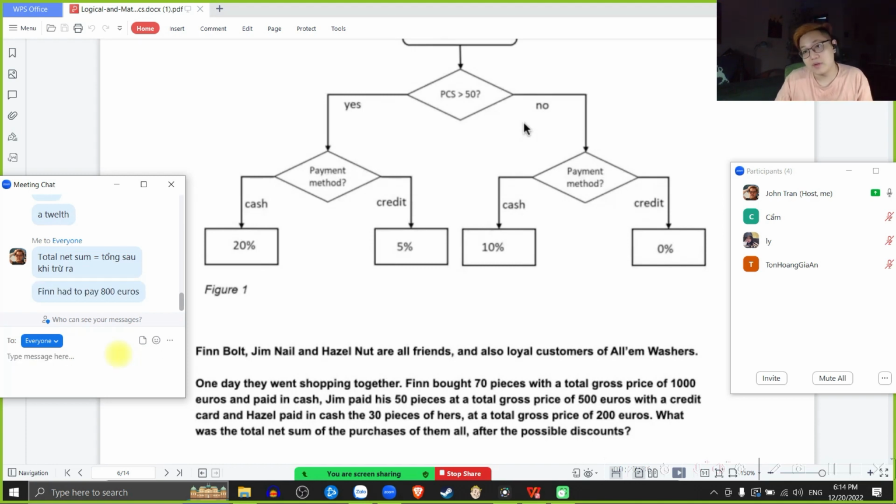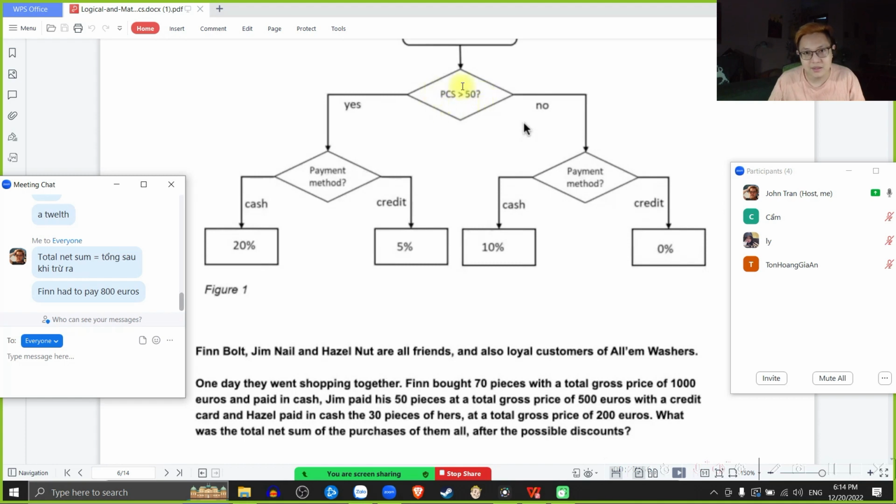Thì 20% giảm có 1.000 thì Finn chỉ trả cái 80% của nó số đó thôi. If it's 20% discount, so he has to pay 80% of that. So 800 euro.